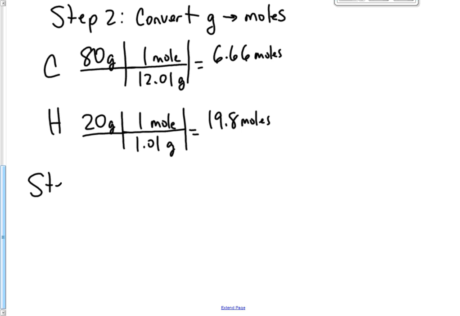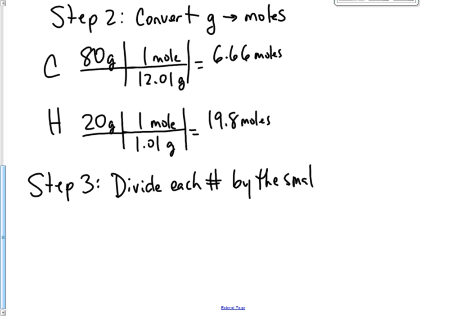Step number three. You're going to divide each number by the smallest mole. So you're going to divide each one of these by the smaller one. So which one is smaller? That one's smaller. So we're going to divide both of them by 6.66. When we do that, we're going to drop it down here.